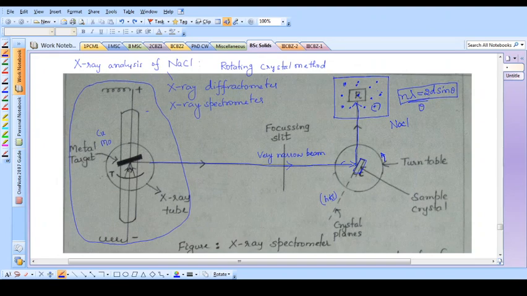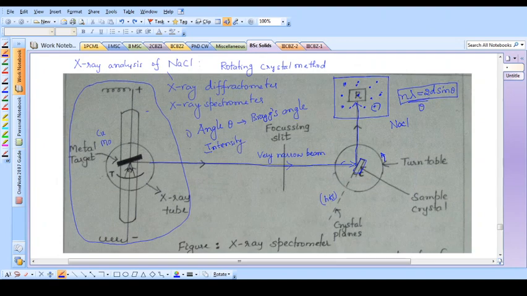Now we have to analyze two things from the diffraction pattern. One is the angle theta which satisfies Bragg's equation, or this angle theta is nothing but Bragg's angle. So from the experiment we have to find two data. One is the Bragg's angle corresponding to maximum reflection. The second data we require is the intensity of each of these bright spots.